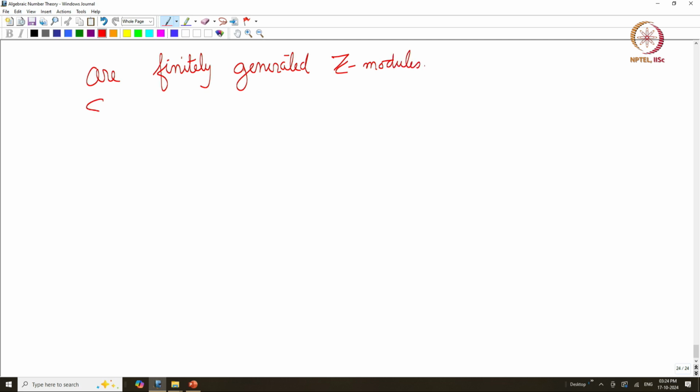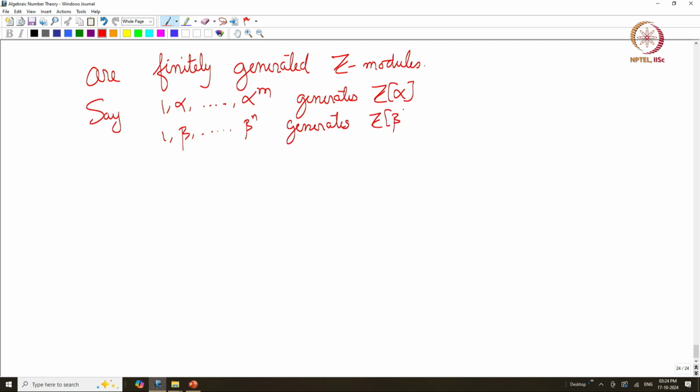Say 1, alpha up to alpha to the m generates Z[alpha], and 1, beta up to beta to the n generates Z[beta].